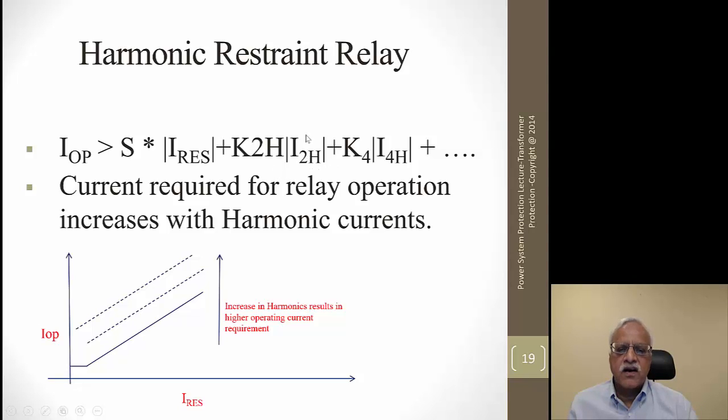It multiplies the actual harmonic current by that value and adds it to the restraining current. So it not only looks at the restraining current, but it looks at the harmonic current also and changes the slope. So if you plot this, it looks as if the operating current keeps on increasing based on the harmonic content.